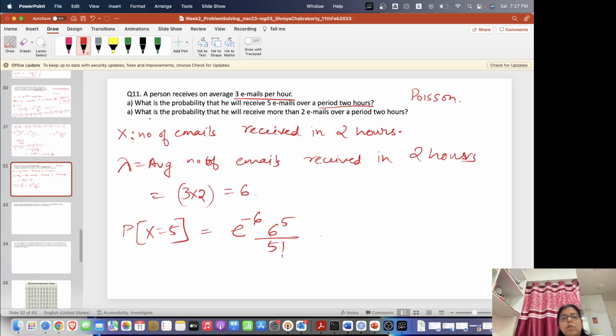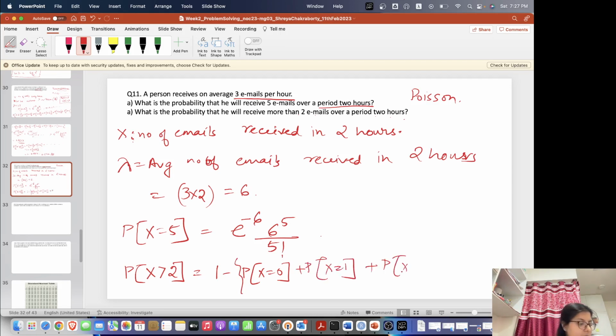And the next question, what is the probability he will receive more than 2 emails over a period of 2 hours? This is probability x greater than 2, which is nothing but 1 minus the sum of probability x equal to 0 plus probability x equal to 1 plus probability x equal to 2.